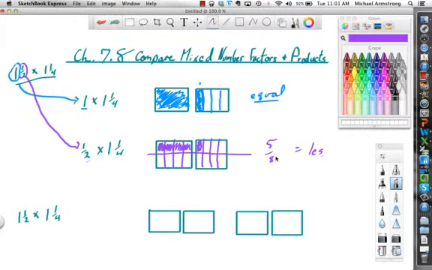I suppose we could run backwards. I'm going to just back this up, and I wonder if there's a different way. 1/2 of 1 and 1/4. No, I think that's the best way to do it.